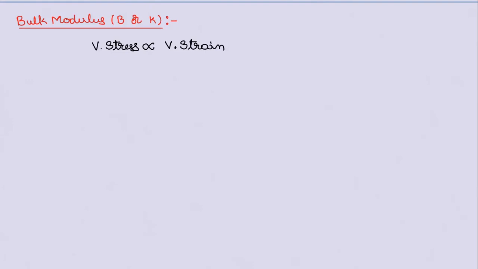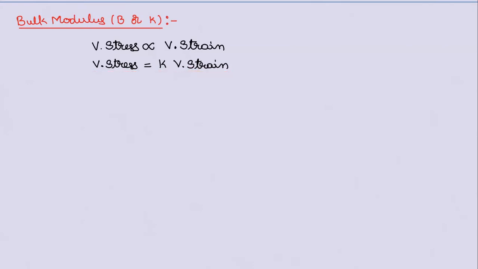So I can say volume stress is equal to some proportionality constant K into volume strain. You know very well, linear stress is equal to Young's modulus into linear strain. That formula we know already.